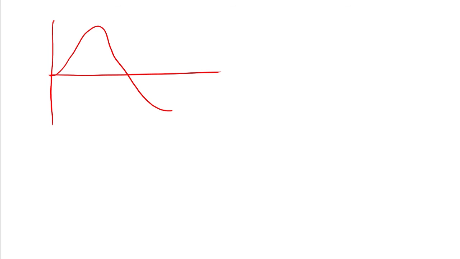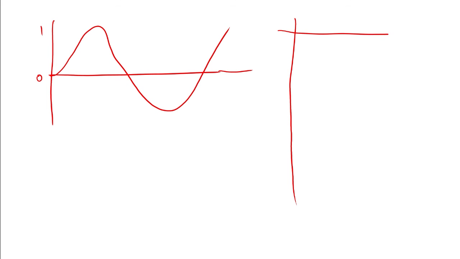Now, the last step is remember that this amplitude represents something. And so if this is 0 and this is 1, we would probably create a table with data and then actual.